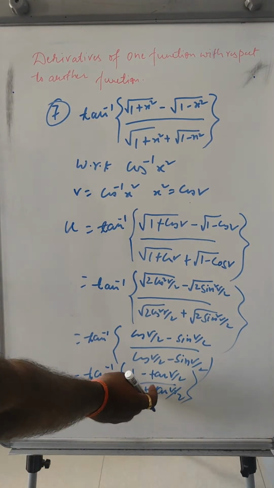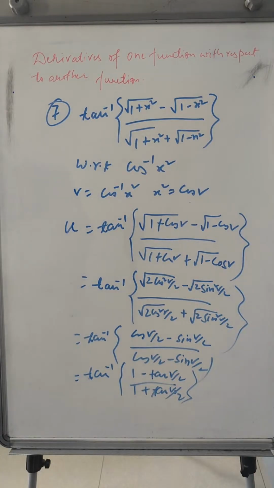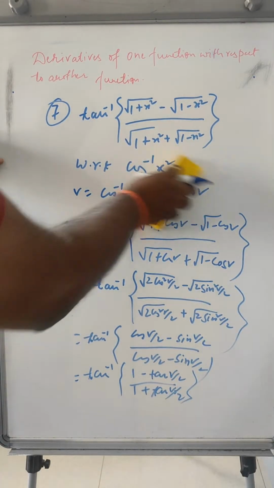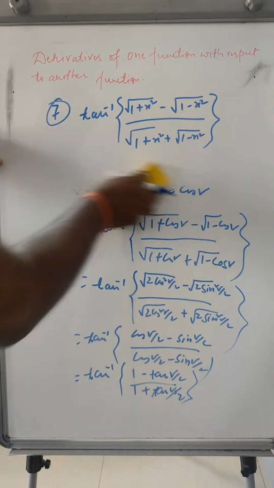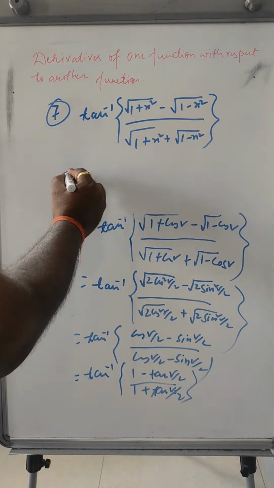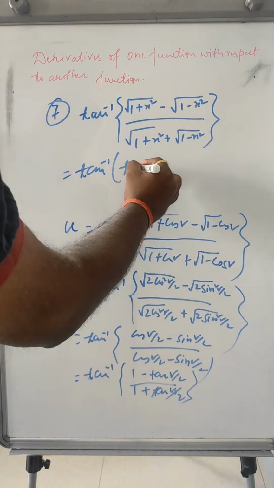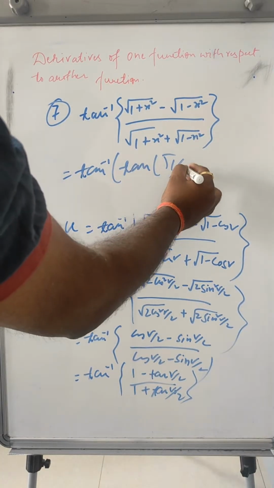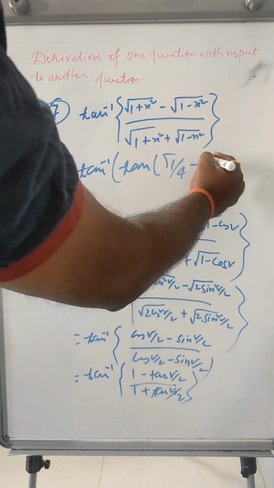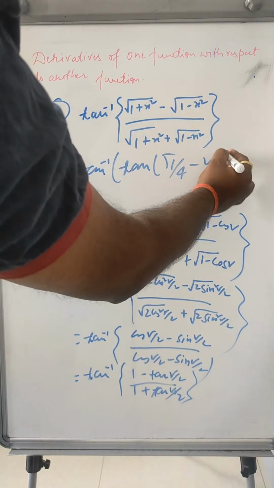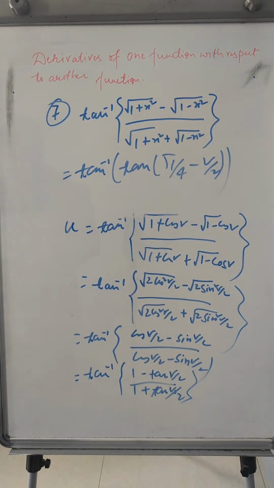So this is nothing but, here this becomes tan inverse of tan of pi by 4 minus v by 2. Correct or not?